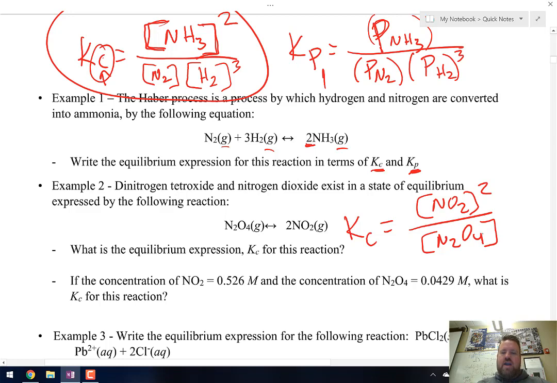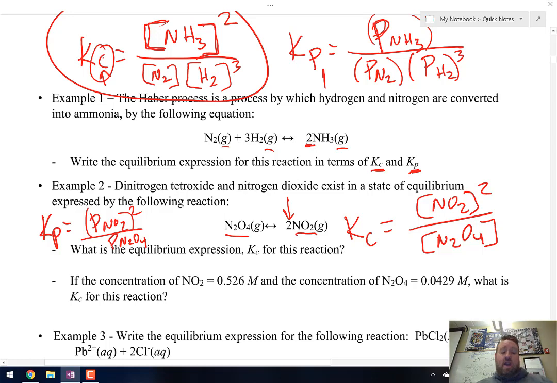Notice the square brackets, notice it's products over reactants, notice it is raised to the power. It doesn't ask us for this, but if they did say what's the Kp expression, then we would write the pressure of NO2 squared over the pressure of N2O4.